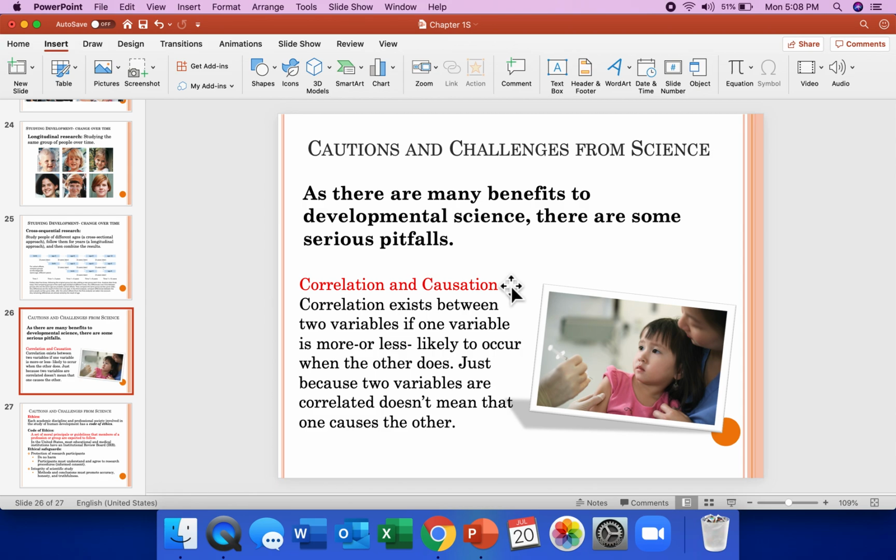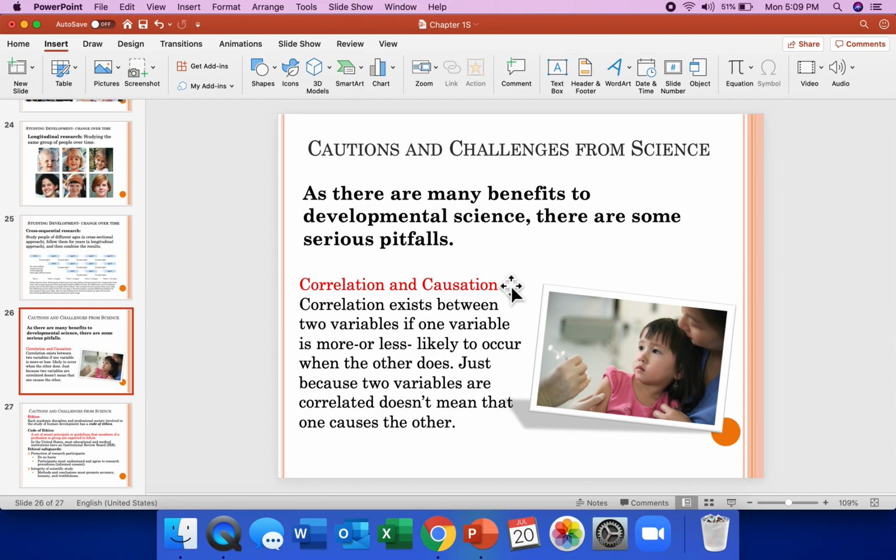For example, with the gum research, we want to make sure that the results came out better on the test because they ate the gum.